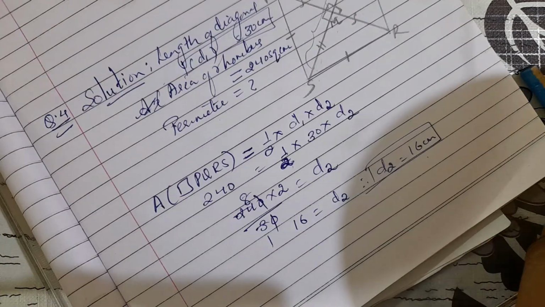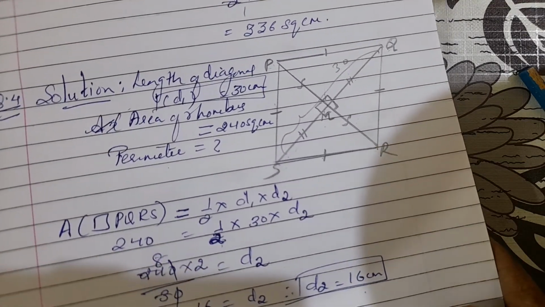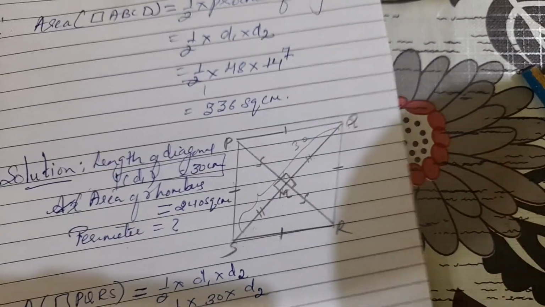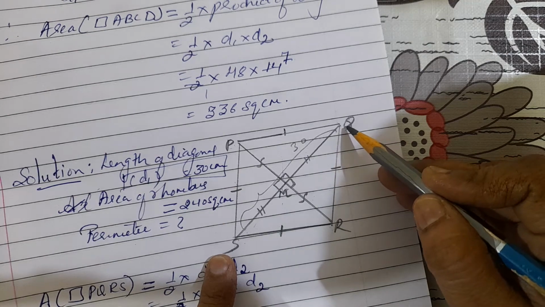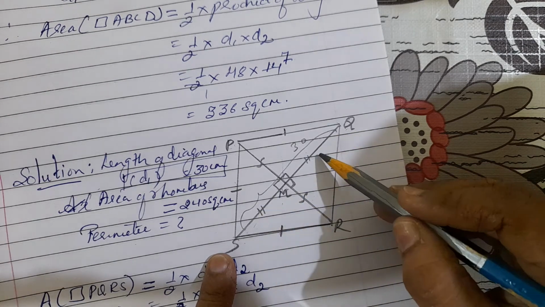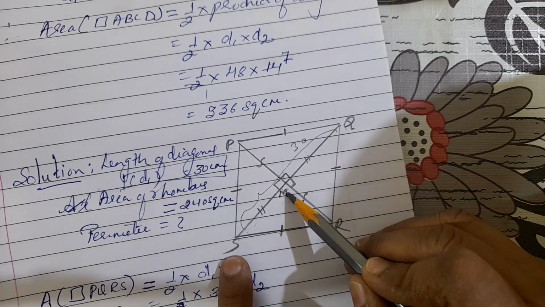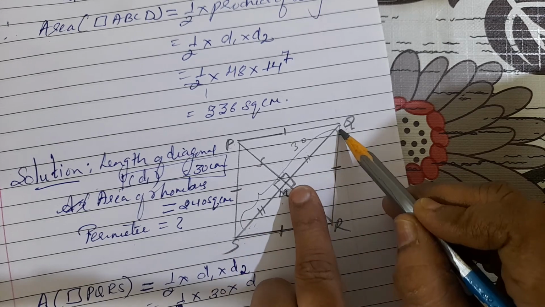So children, first you copy this much. See children, again I am explaining, this full is 30 centimeter diagonal. As I said, both the diagonals perpendicularly bisect each other, that means SM will be equal to MQ. Full is 30, so half will be 15, this will be 15.